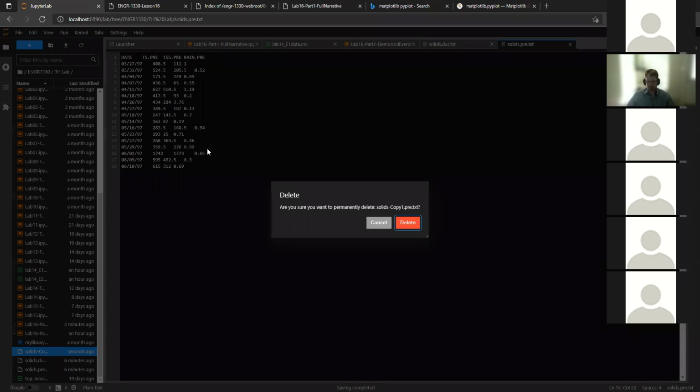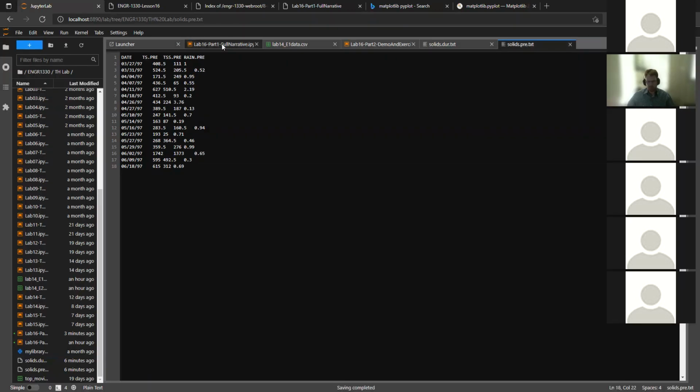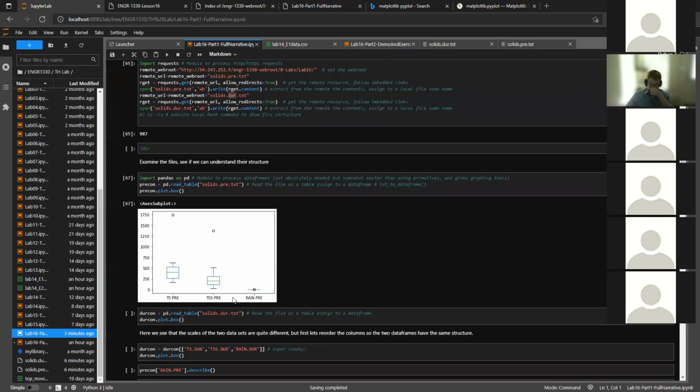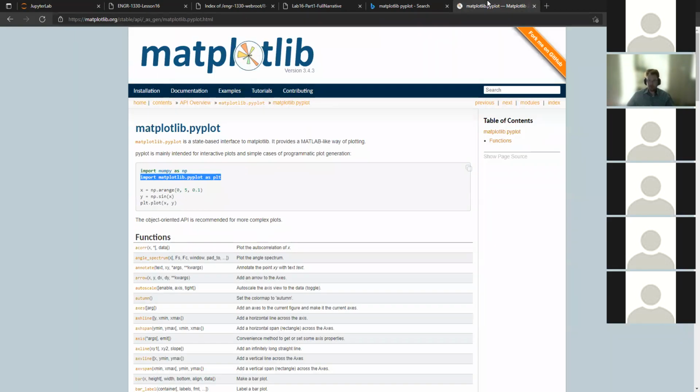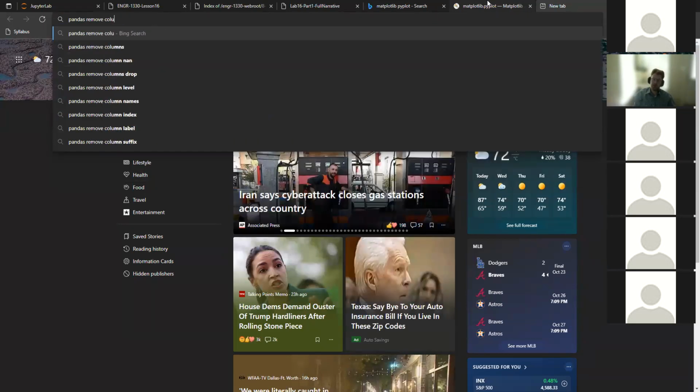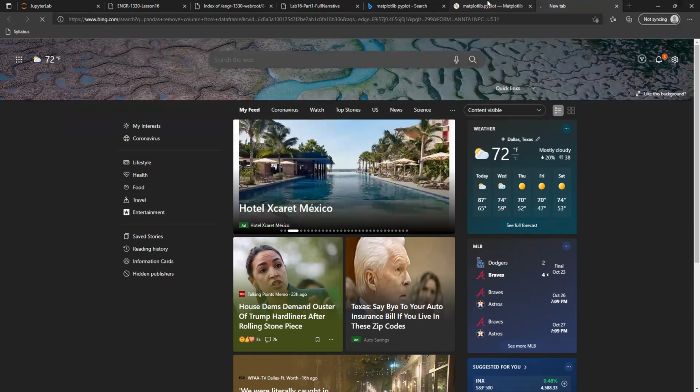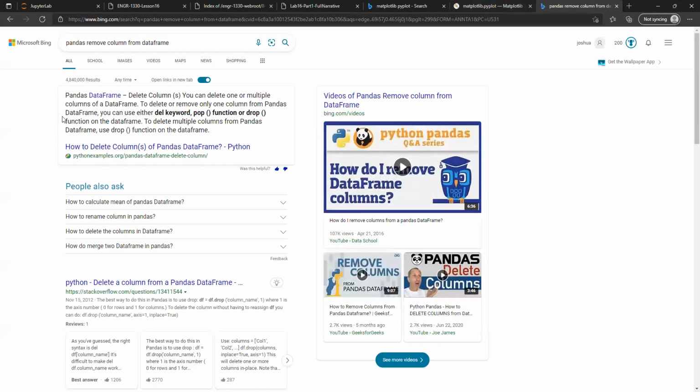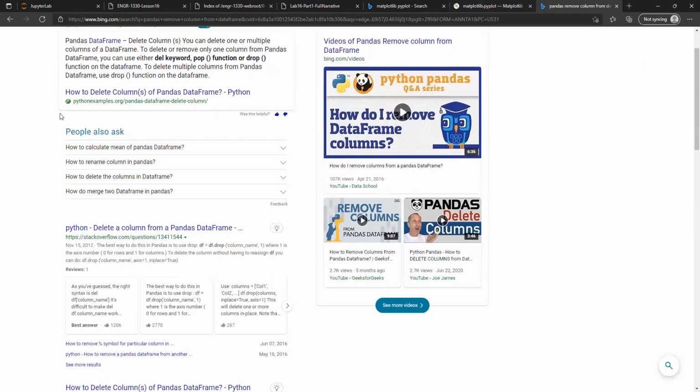I'm not entirely sure it's worth it, because the only point I'm trying to get across is that it's because these two things are measured in the hundreds that this looks like nothing, but it's not nothing, because as we all know, an inch of rain, especially here, that's a lot of rain. What we can do, pandas remove column from data frame. Okay, drop should work.